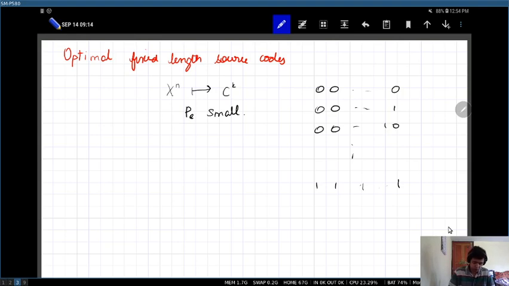Okay, so it turns out, and it's pretty easy to convince yourself of this, that the optimal fixed length source code, which minimizes the probability of error for a given k, is the following.